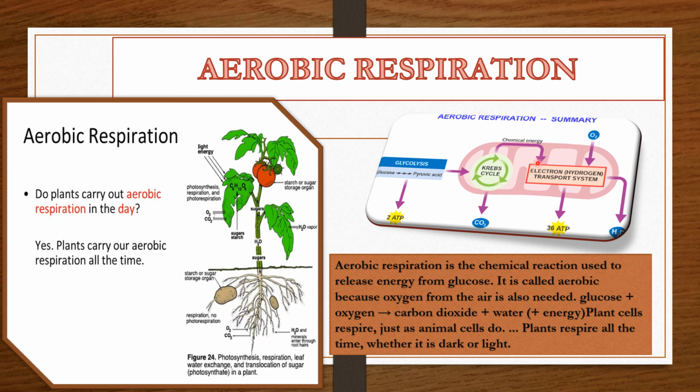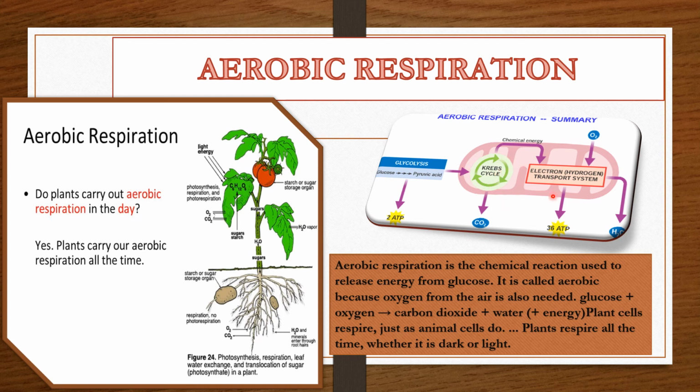Now see this diagram. This is another diagram of aerobic respiration, the actual process of aerobic respiration. First step is glycolysis. Second step is Krebs cycle.